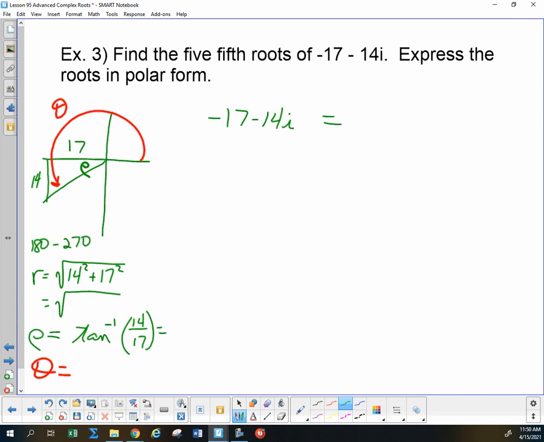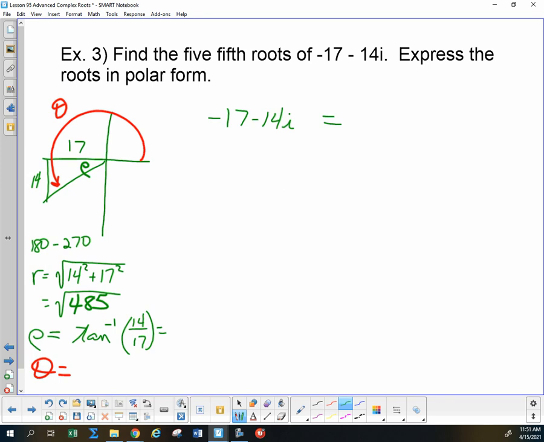So can anybody tell me r is the square root of how much? What'd you get for 14 squared plus 17 squared, Julian? 485. Does that sound good to the rest of you? Can anybody tell me what you get for your acute reference angle? Just the inverse tan of 14 over 17?